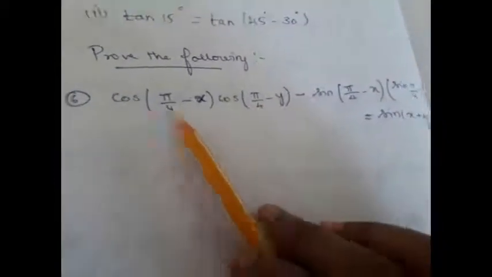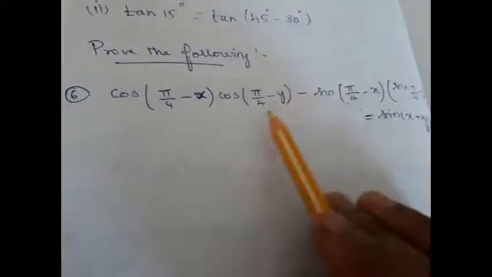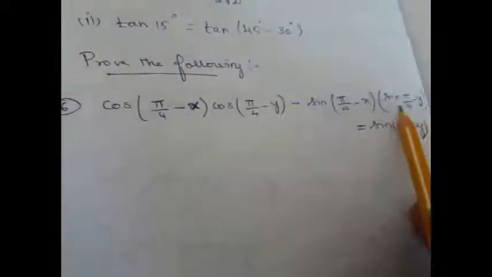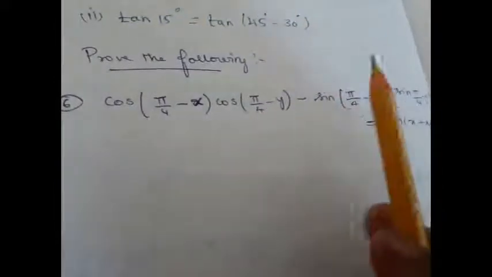See, cos A cos B minus sin A sin B. The same angle is here also. So it resembles cos A cos B minus sin A sin B. What is cos A cos B minus sin A sin B?